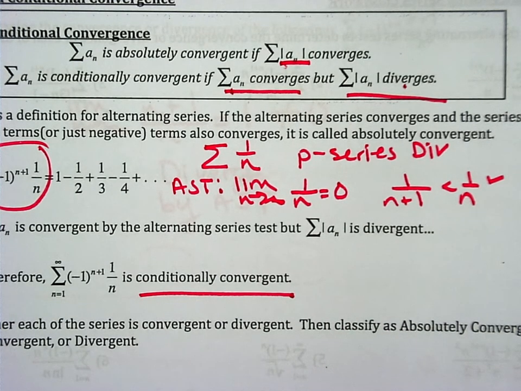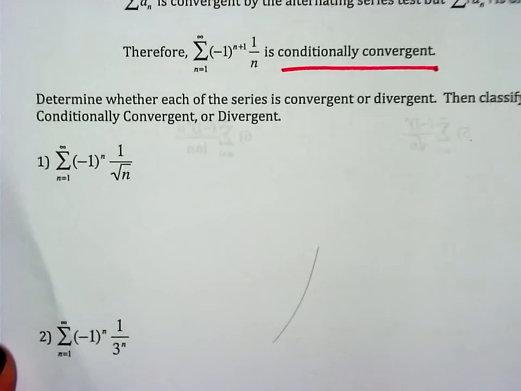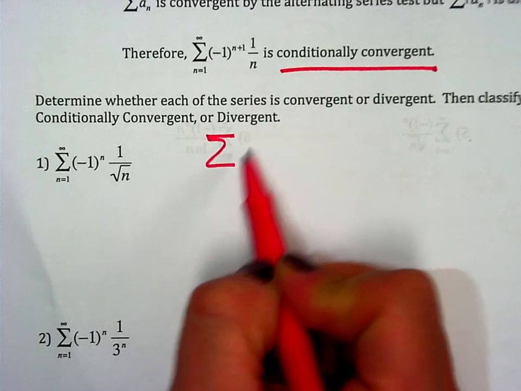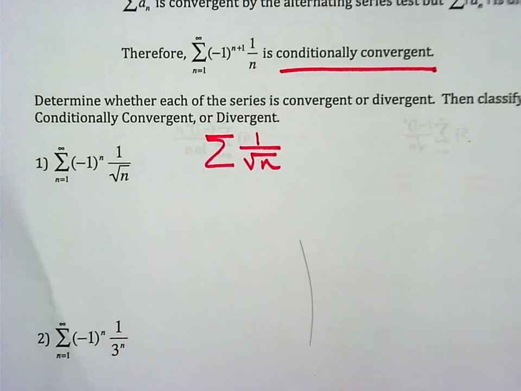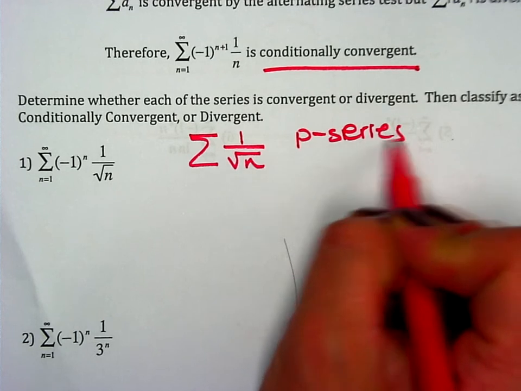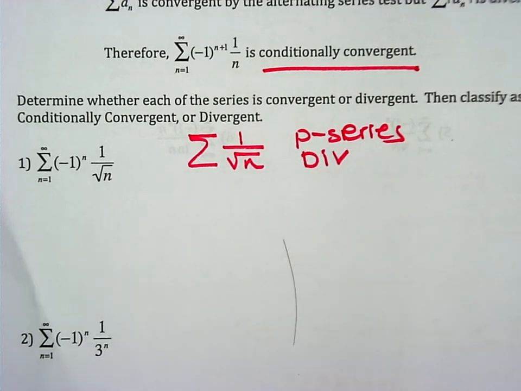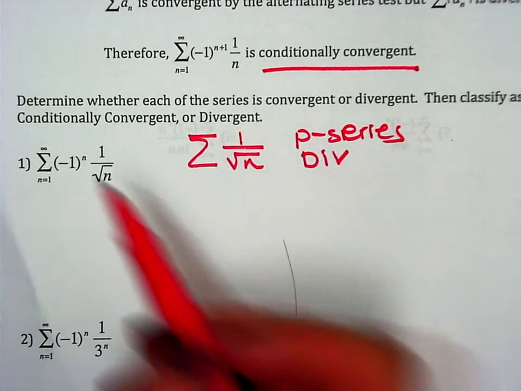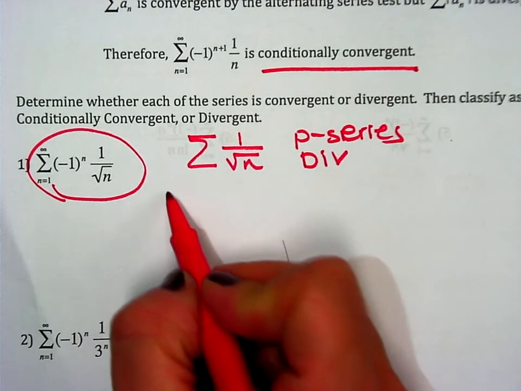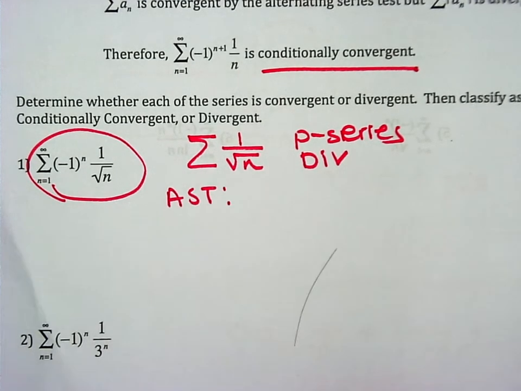So let's look at these three problems down here. I always start with just the absolute value piece. Here's the absolute value piece. I can say this is a P series that diverges. Next, let's look at the entire series with the -1. So it is an alternating series. So I'm going to check my two conditions for an alternating series.